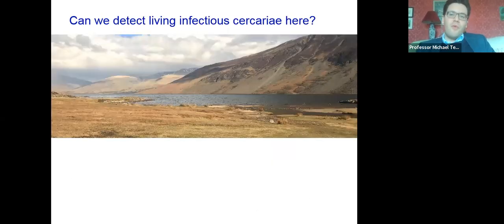So that was the water treatment part of WISER, the techie, engineering-y part. And as I said, we also collaborated with Paul Fremont's group in the Department for Infectious Disease, who's a synthetic biologist. His team were also part of this project, developing some type of novel way to collect water samples and tell whether there are living infectious cercariae in the water.